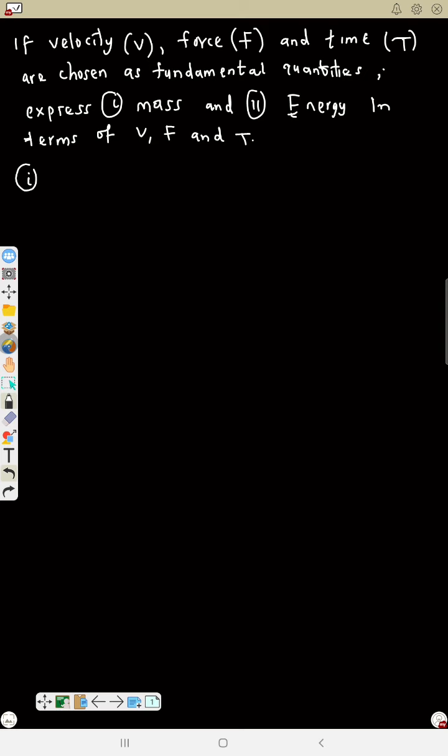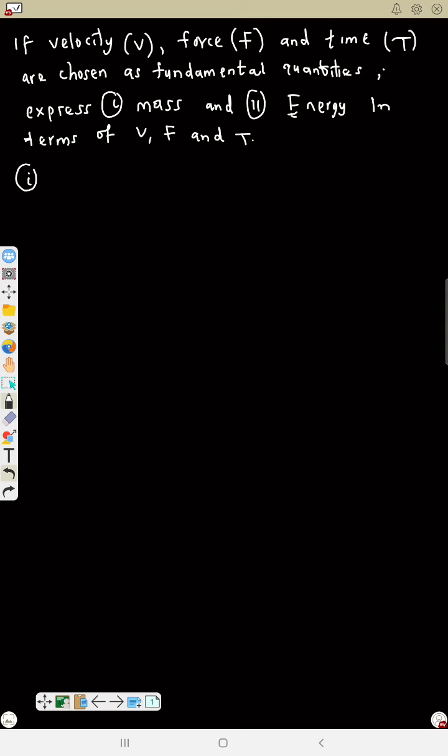We want to express the mass in terms of V, F and T. So V, F and T are independent. I will still show you how we can prove that certain quantities are independent.